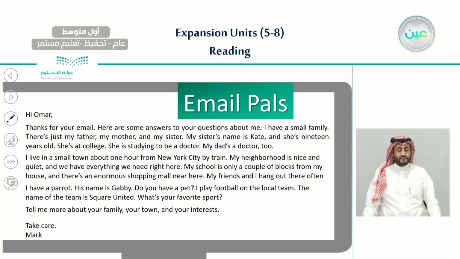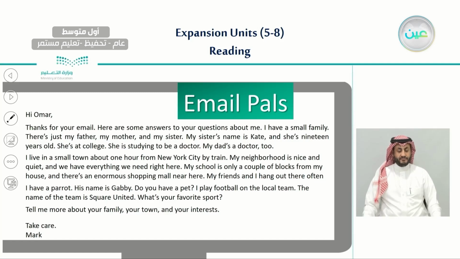And also, where does he live? Mark wrote in his email that he lives in a small town that is only 1 hour from New York City by train. And he also talks about his neighborhood. He said, my neighborhood is nice and quiet, and my school is only a couple of blocks from my house. Their neighborhood has a shopping mall, and they often hang out there with his friends.